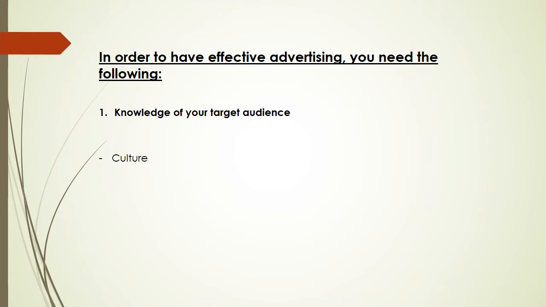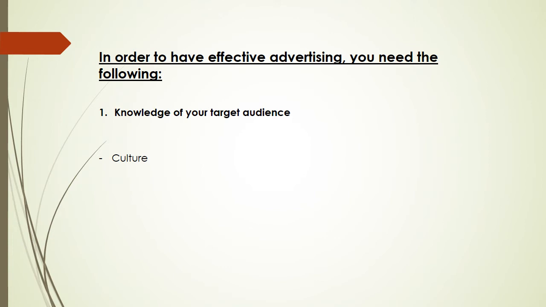We know that culture is a very complex concept, but it includes things like religion and race and traditions and history and things like that. So for example, if you create an advertisement that is aimed at a Muslim community, you wouldn't want to add something that's haram.